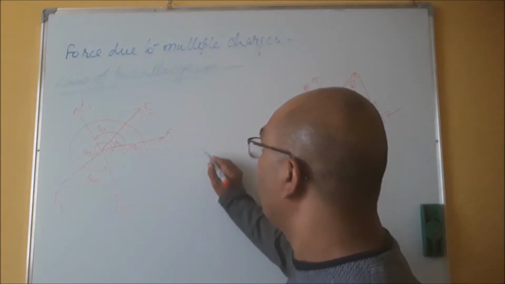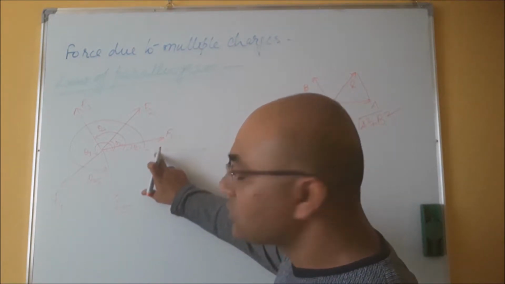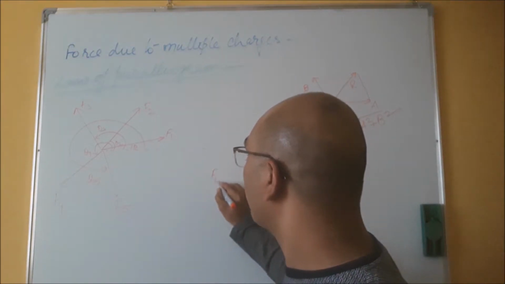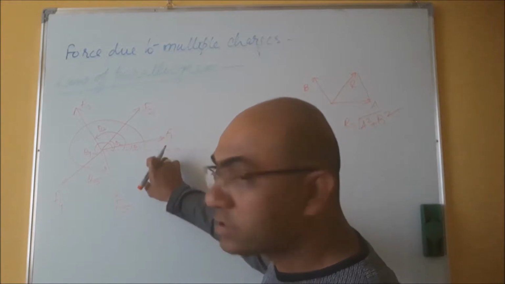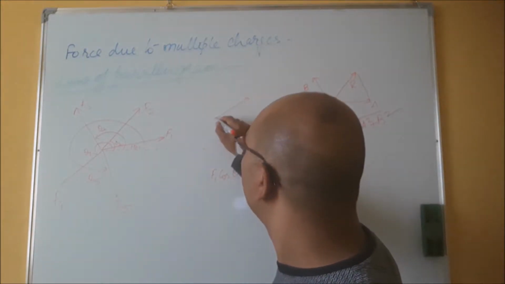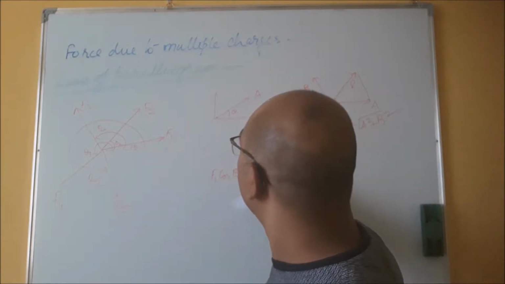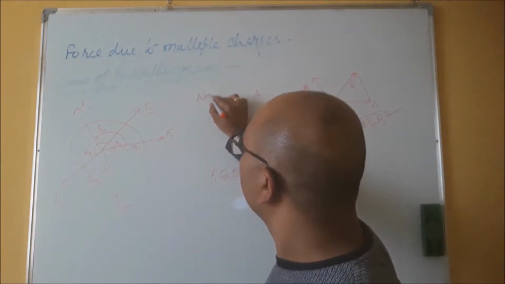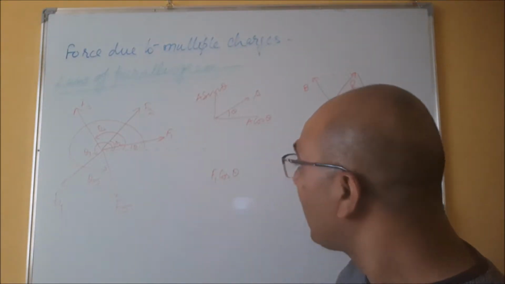For all these forces, if I take F1's horizontal component, it will be F1 cos theta. I hope you know this. Suppose this is A and this is theta, so this is A cos theta, and this is A sin theta. Right? So the same thing I am using here.